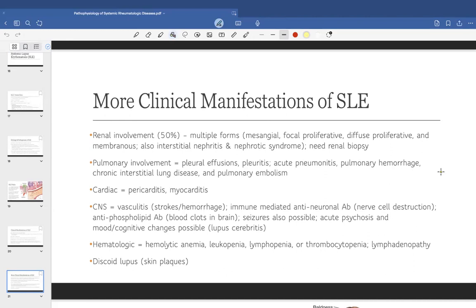Even in the kidney itself, there are multiple forms of involvement. It can involve the mesangium of the kidney, the support tissue with your immune cells. It can be focal or focal proliferative, diffuse proliferative, membranous, and they can also have an interstitial nephritis or nephrotic syndrome. So they can present in multiple ways.